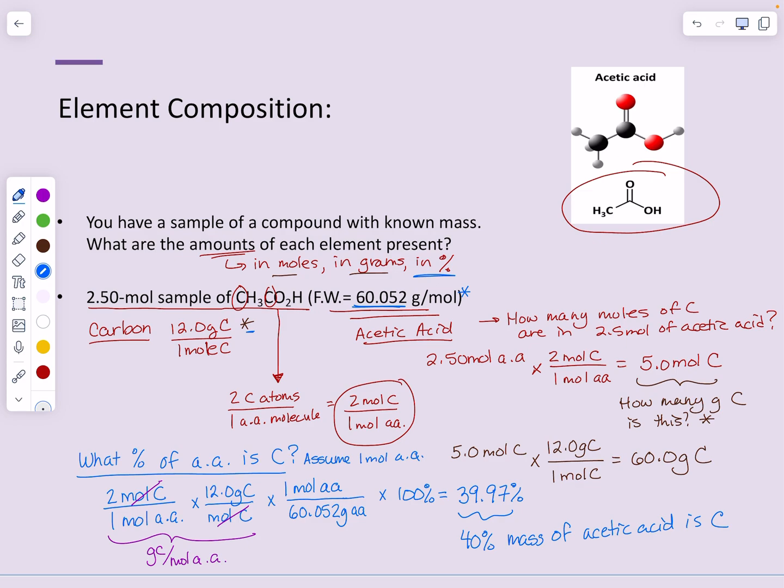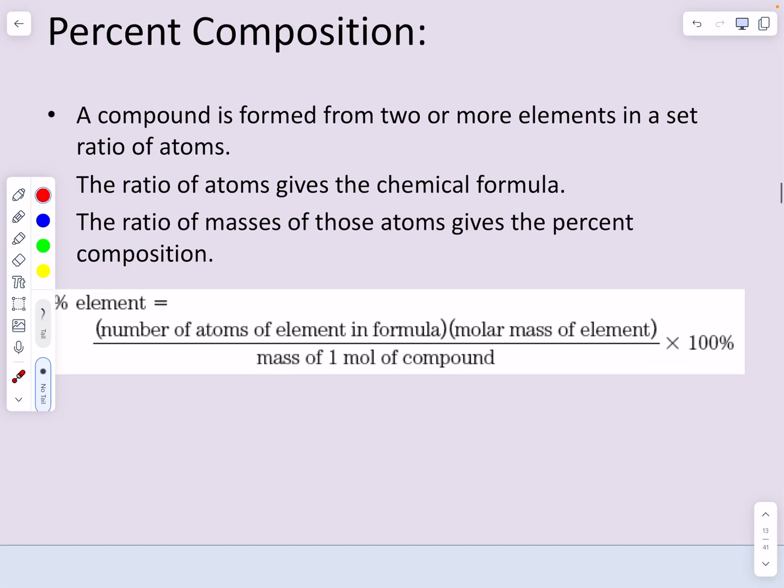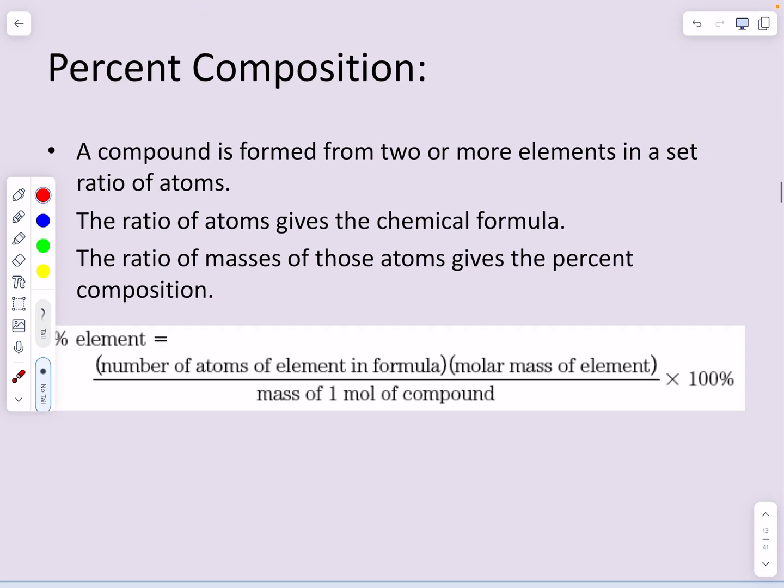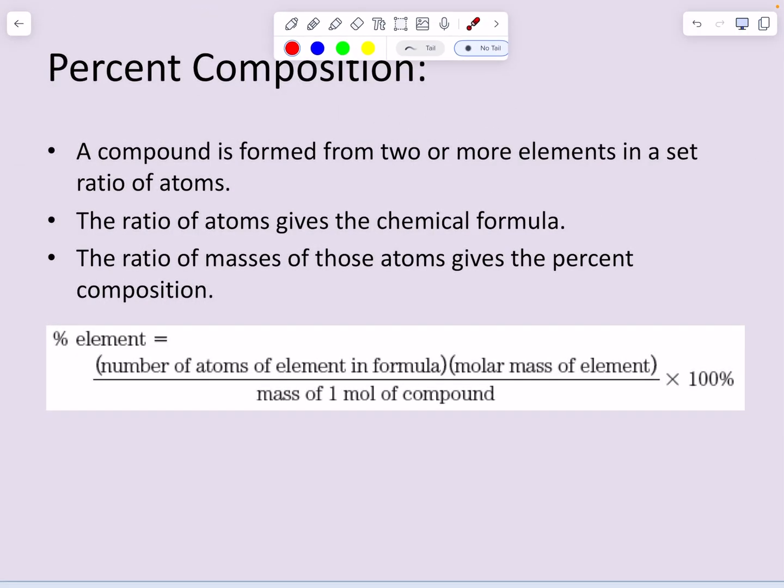And then by backtracking and doing these calculations in reverse, I can get to, okay, well, what is the molar ratio of elements in my compound? And that's how I get to these chemical formulas, okay? So, percent composition, and that's what we call percent composition.